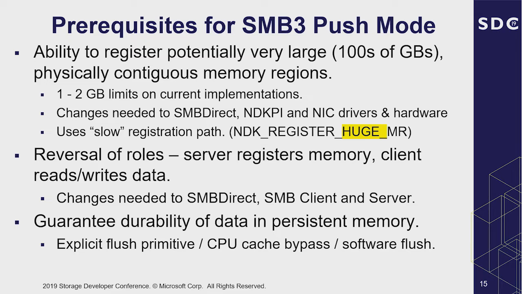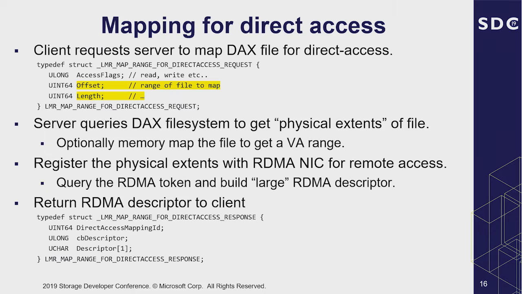So basically, the client does an RDMA write, and then it sends a flush operation without any data out to the server. And that server will look at the region written, and then use the CPU to flush the data out into NVDIMM by using CPU instructions like CLFLUSH or CLWB or one of those persistent memory instructions.